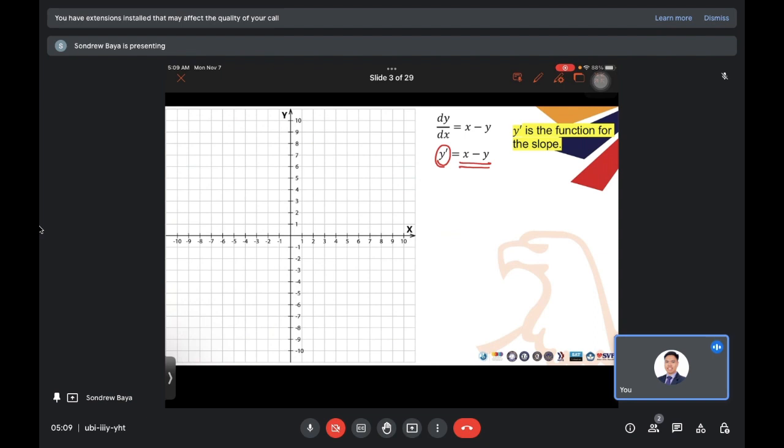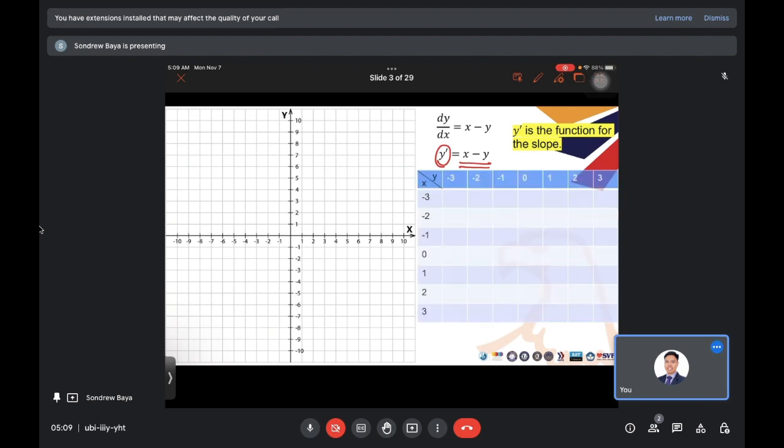So for you to easily draw the slope field, we have to create this particular graph or table, wherein this table shows us values of your y and values of your x, and we're going to determine the value of your y prime or your slope at any given value of x and y. All right, so let's try to find some values first here. So let's start with this one.